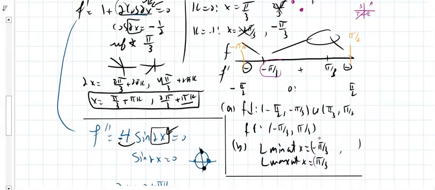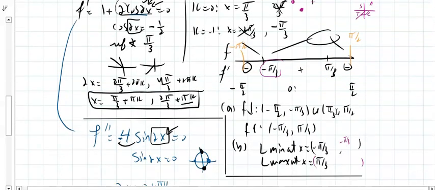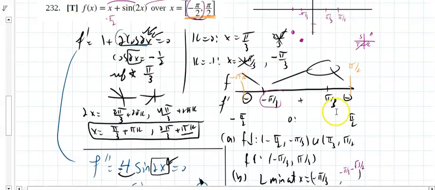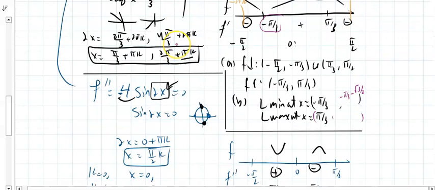If you plug pi over 3 in, you're going to get pi over 3, which is 3.14 divided by 3.